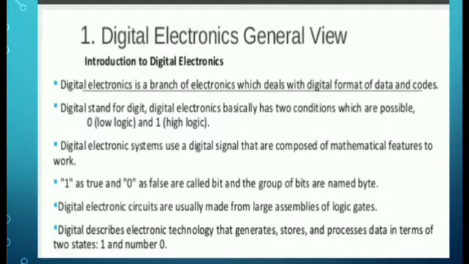The digital electronic system uses digital signals composed of mathematical features to work, with 1 as true and 0 as false. These are called bits, and a group of bits is called a byte, right?